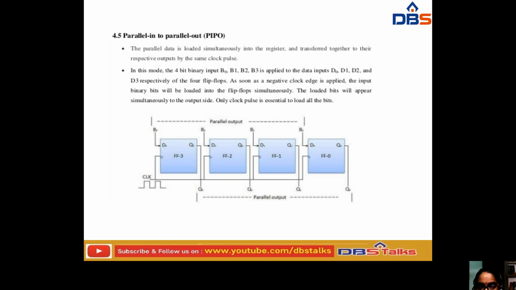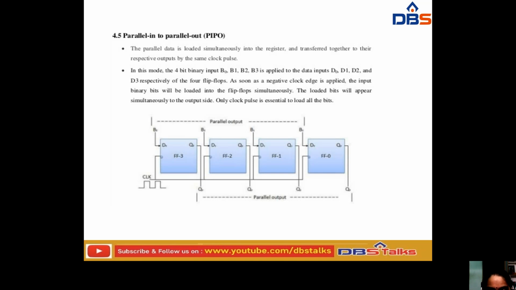As soon as the negative clock edge is applied, the input binary bits will be loaded into the flip-flops simultaneously, and the loaded bits will appear simultaneously at the output side. So only the clock pulse is essential to load all the bits. This is the image for the parallel in parallel out.